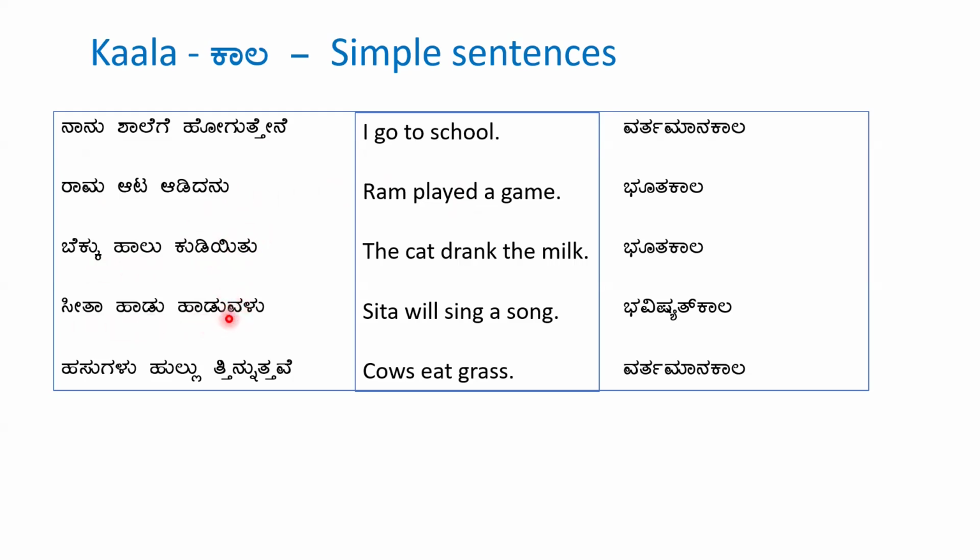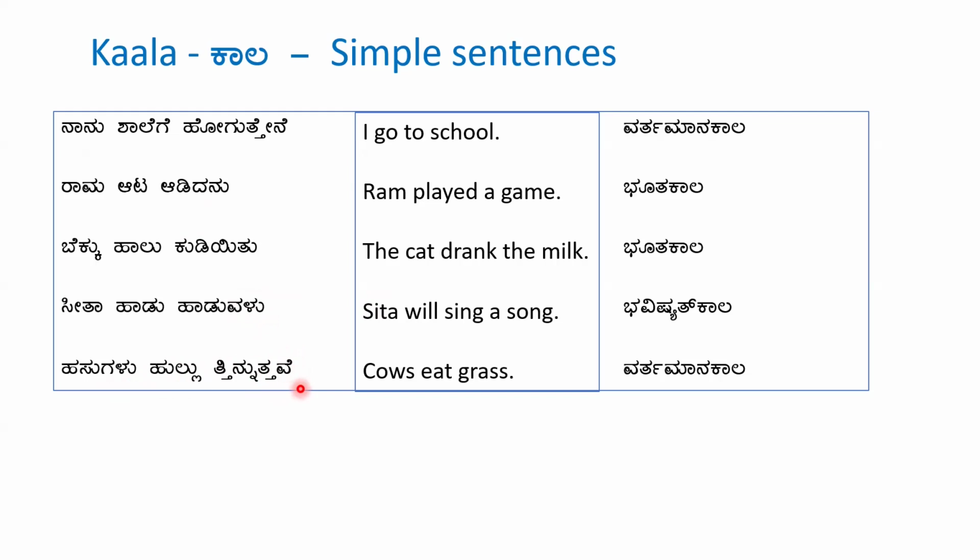The letter v indicates that it is Bhavishya Kala, and the Akhyata pratyaya alu indicates that the action is done by a female. Hasugalu hullu tinnuttave. So here utta indicates that it is present tense, and the letter ve indicates that the action is done by plural neuter gender object.